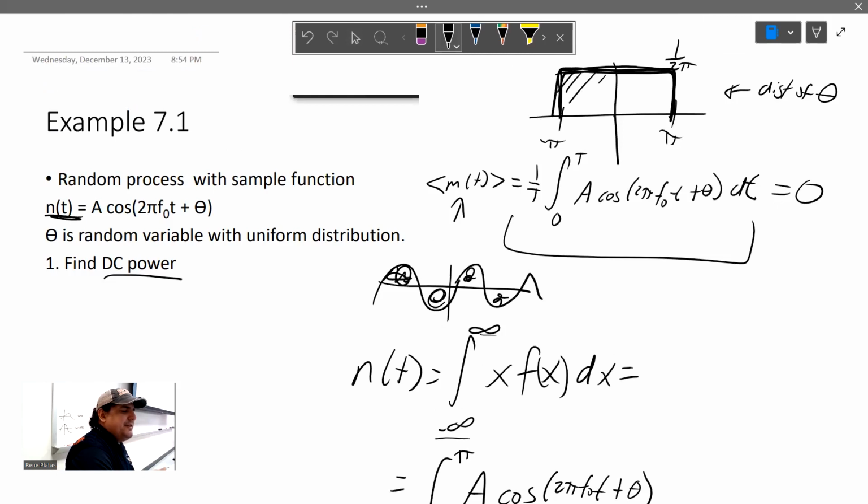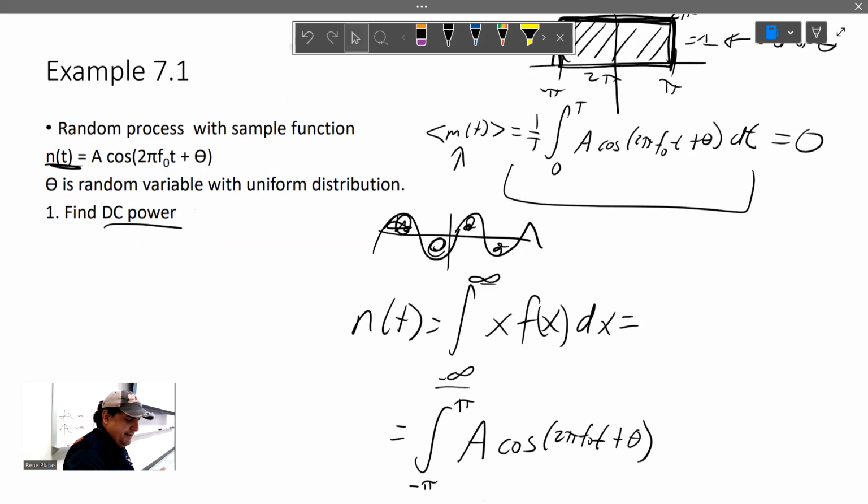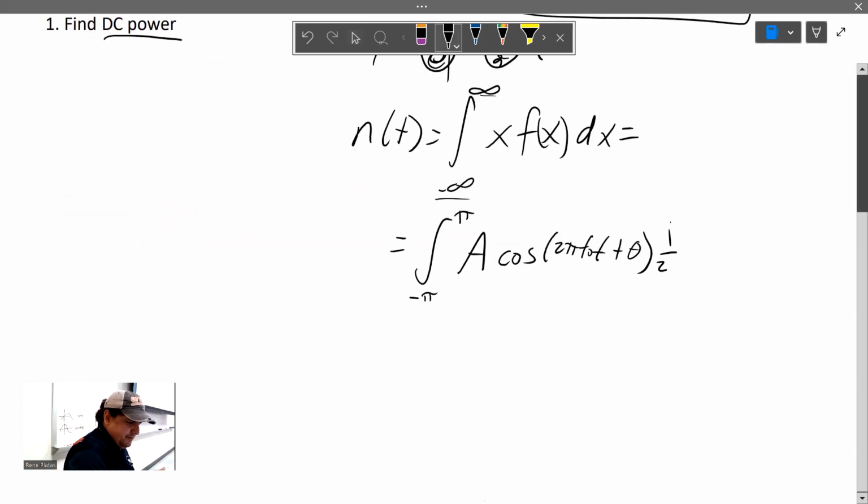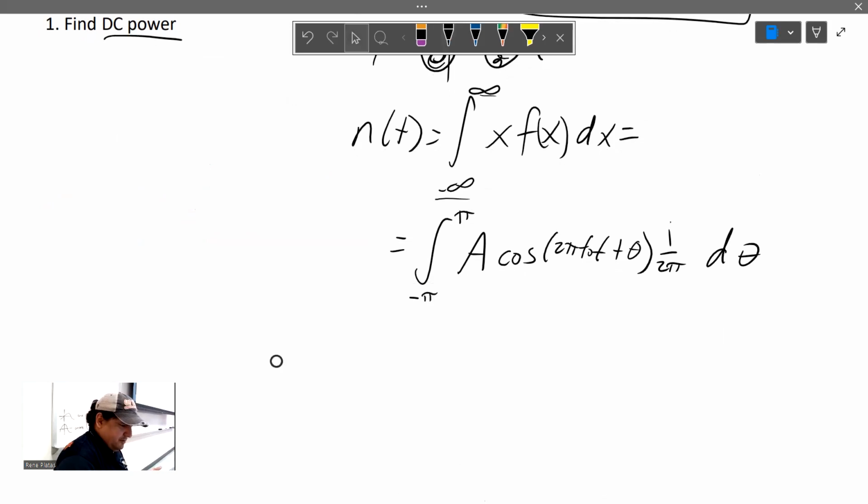The area of this uniform distribution has to be equal to 1. If the width down here is 2 pi, then the height has to be 1 over 2 pi. So the amplitude of this uniform distribution has to be 1/2 pi, and that's where we put it down here. d theta. Why d theta? Because that's our random variable. Don't ask again.